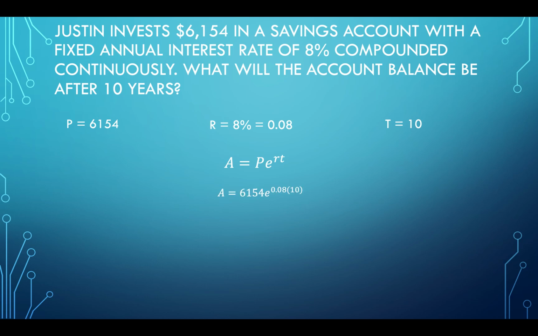So we get 6,154 times e to the 0.08 times 10 power. Do 0.08 times 10, we get 0.8. Next, e to the 0.8 power, and we get 2.2255. Then we multiply that by $6,154, and we get $13,695.73 as our final answer.